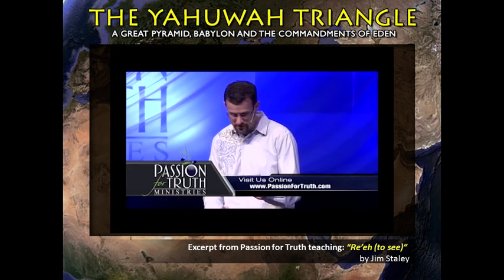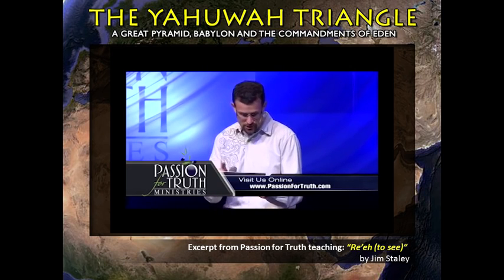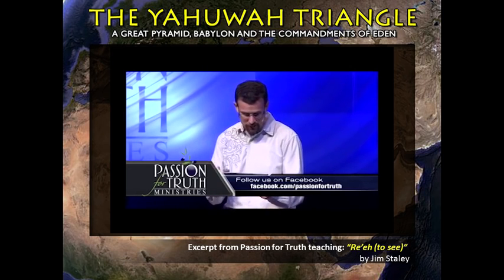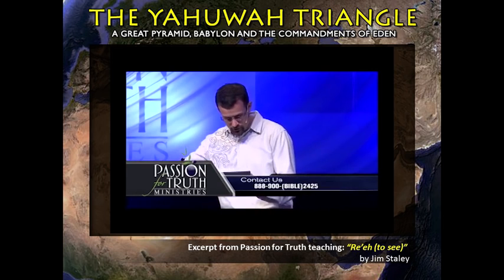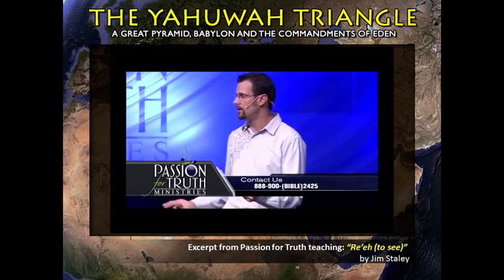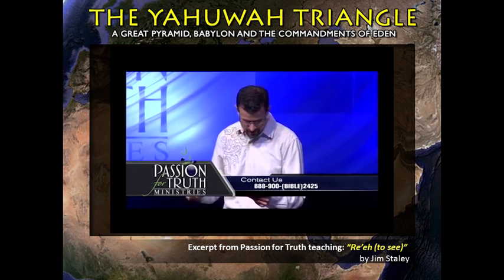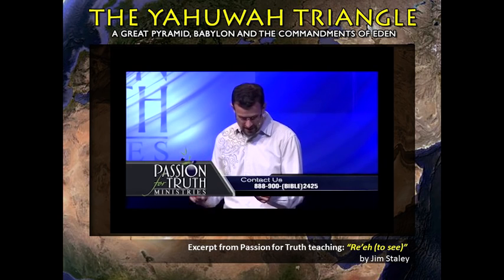And that word law is Torah, okay? Write on the words of this law, the Torah, which means instructions, when you cross over, so that you may enter the land which the Lord God gives you, a land flowing with milk and honey, as the Lord, the God of your fathers, promised you. So it shall be when you cross the Jordan, you shall set up on Mount Ebal these stones, as I'm commanding you today, and you shall coat them with lime.